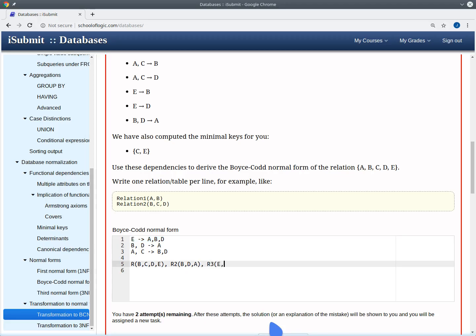We include clearly the left-hand side, and we include those attributes on the right-hand side that also appear in the relation that the normal form is violated of. So A we don't include because A does not appear in the relation. B appears and D appears. So we include B and we include D, and we remove the right-hand side from this relation. So we remove B and we remove D.